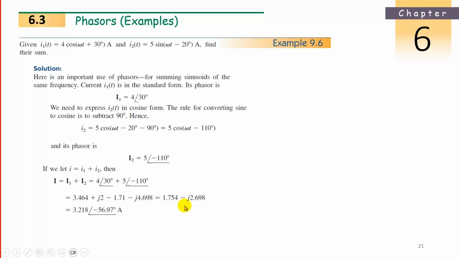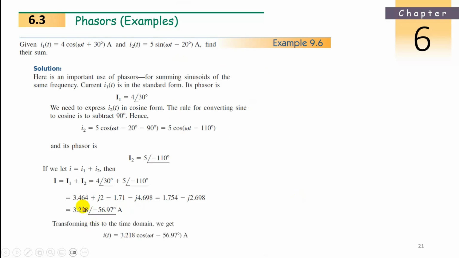Now convert this rectangular into polar form. Square root of x square plus y square becomes 3.218. The angle is tan inverse of y by x, minus 2.698 divided by 1.754. This will become tan inverse, so this is your angle, minus 56.97. If you want, you can change it into positive also: minus 56.97 plus 180 becomes your positive angle. It's up to you.